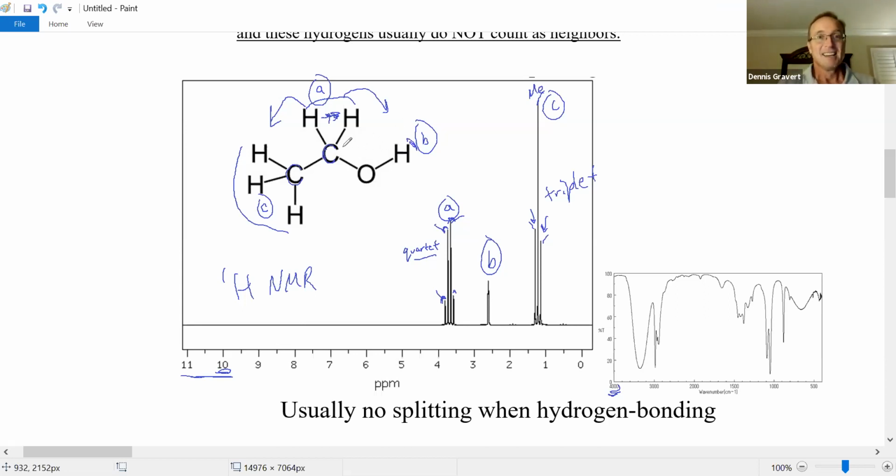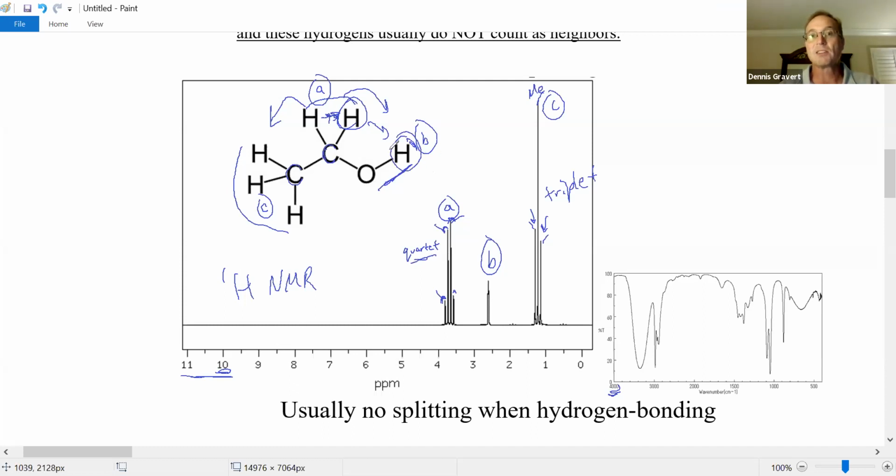Properly speaking, you might say, hey, if I'm this hydrogen, I look to the other side. There's one H here, three H's. This should be 4, which means you have one more peak, a 5. Nature says, nope. For splitting, this is a hydrogen bonding hydrogen. Don't count it. And she didn't.